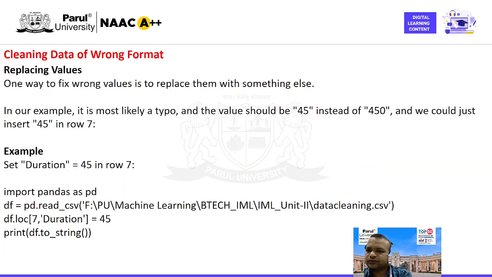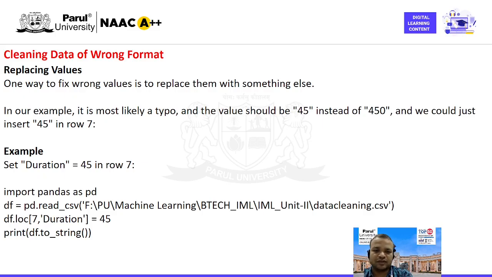Replacing values. One way to fix wrong values is to replace them with something else. This is the first way to replace the value. In our example, it is most likely a typo.